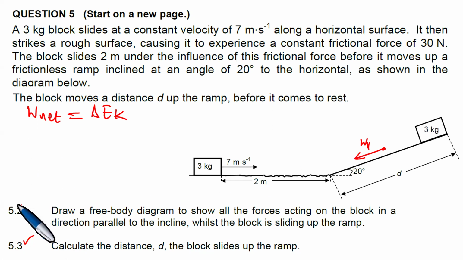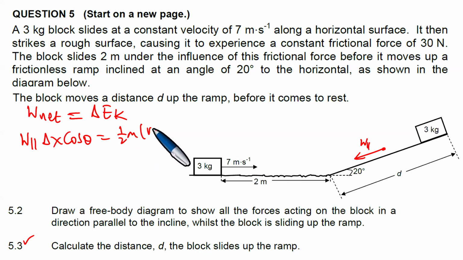You can use FG parallel, but let's just use W parallel delta X cosine theta equals half m v final squared minus v initial squared, like this.